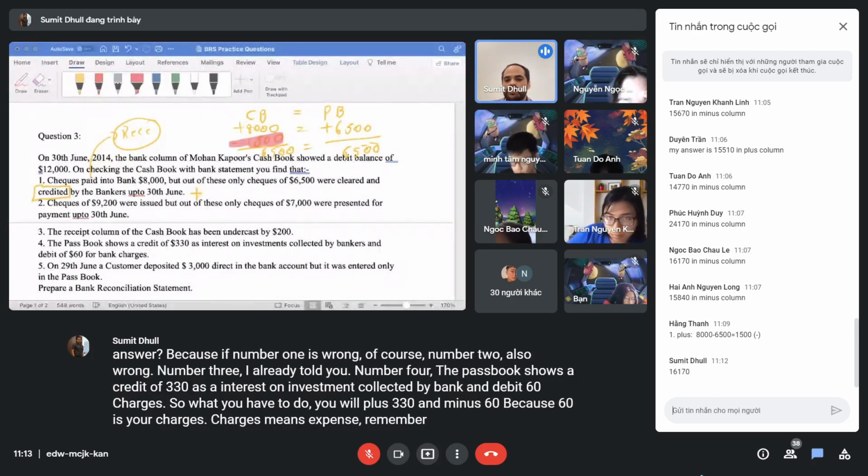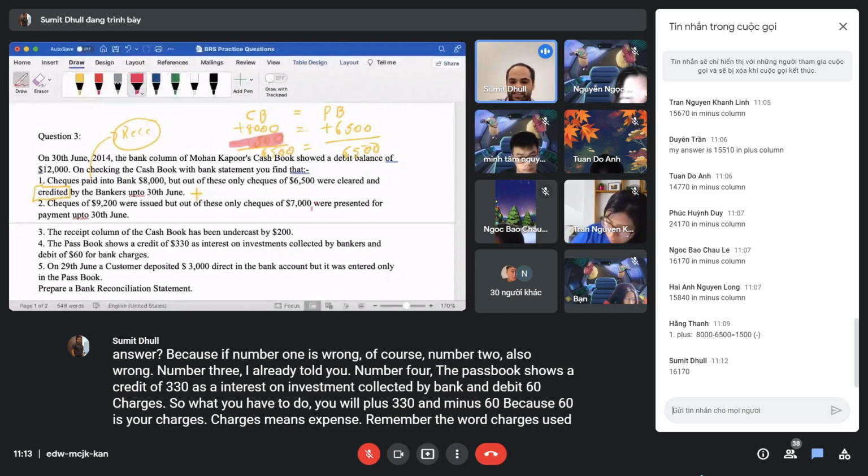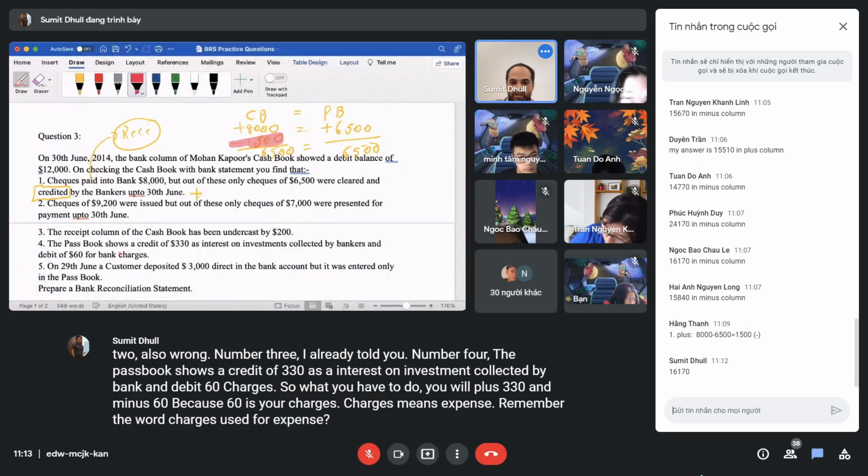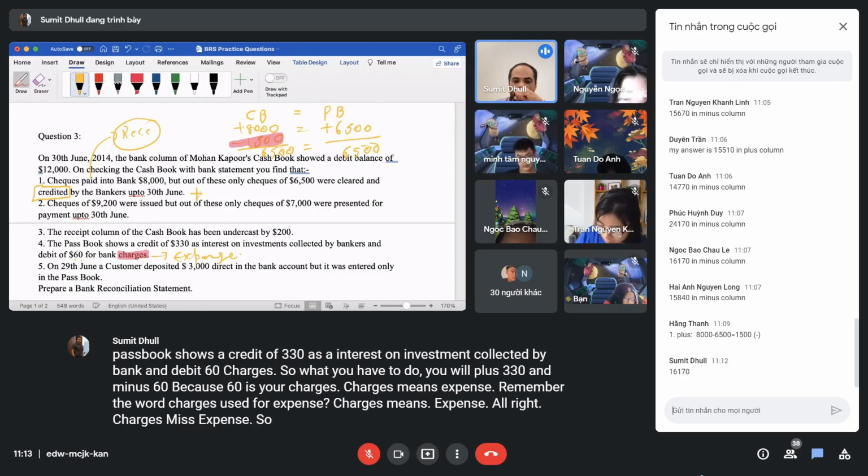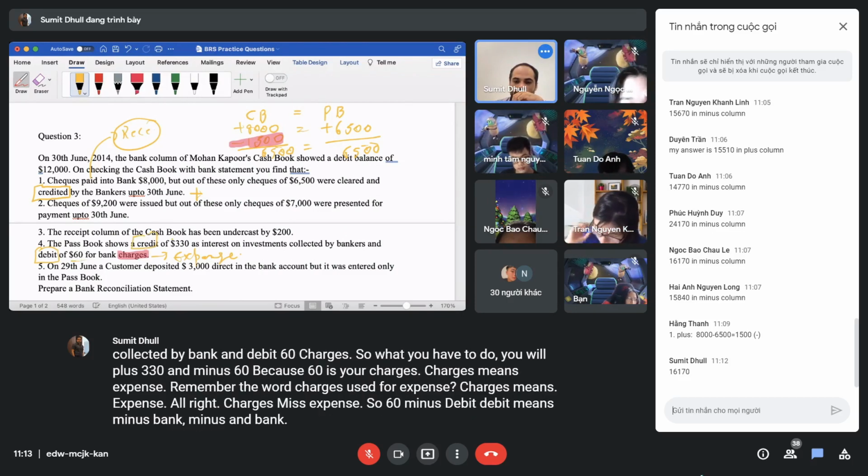Remember, the word charges is used for expense. So 60 minus, debit. Debit means minus. Bank minus, and bank plus 330. So 330 plus, 60 minus.